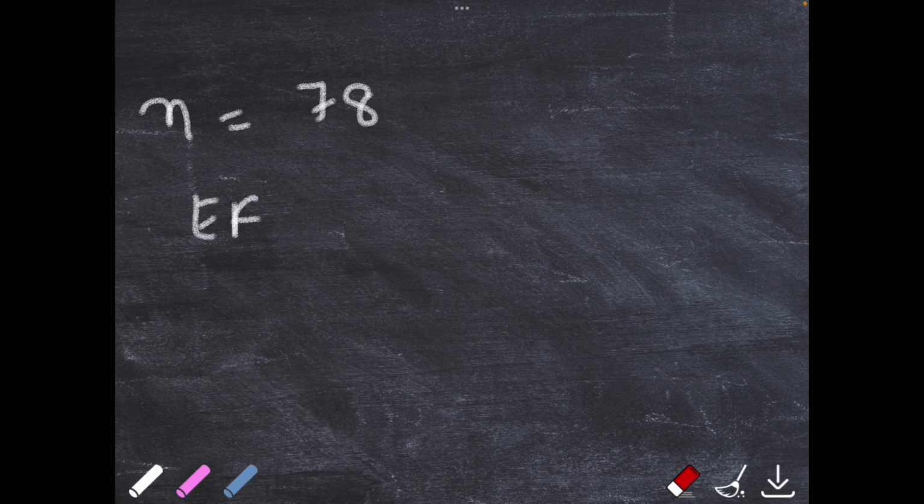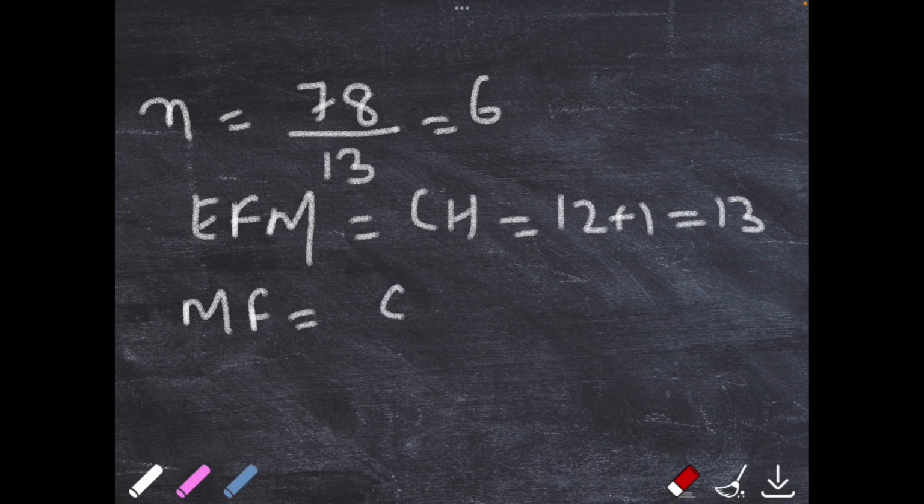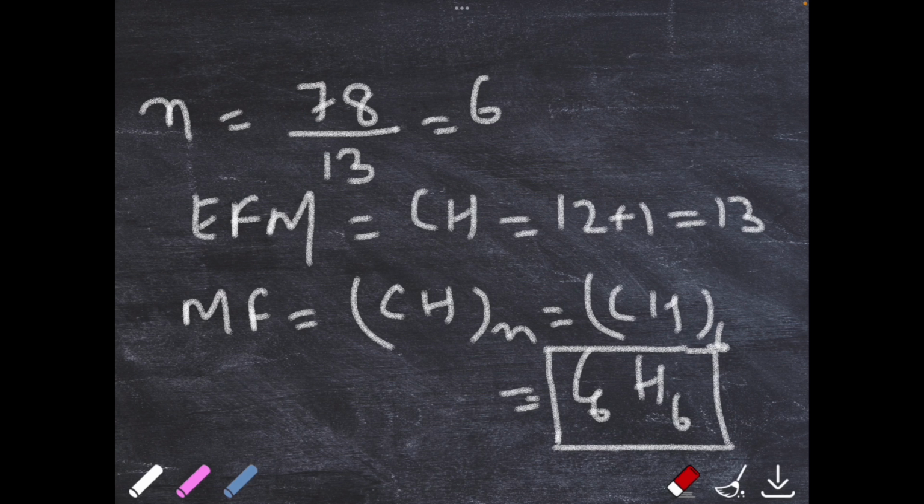Empirical formula mass, which I can call EFM, that is the mass of CH, that is 12 plus 1, is equal to 13. So we will divide 78 by 13 and we'll get 6. So n is equal to 6. So the molecular formula is equal to (CH) n, that is equal to (CH) whole 6 times, that is equal to C6H6. So this is the molecular formula of benzene. So we've taken out the molecular formula and the empirical formula of benzene.